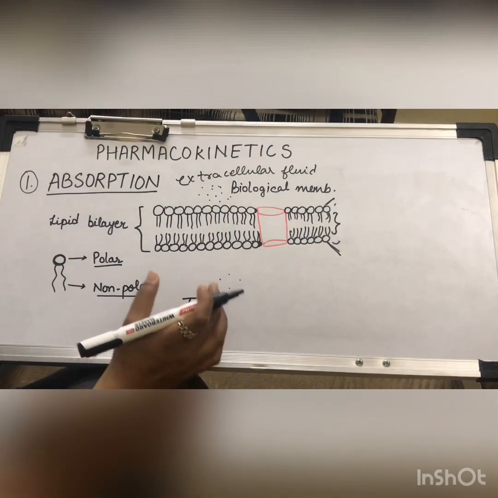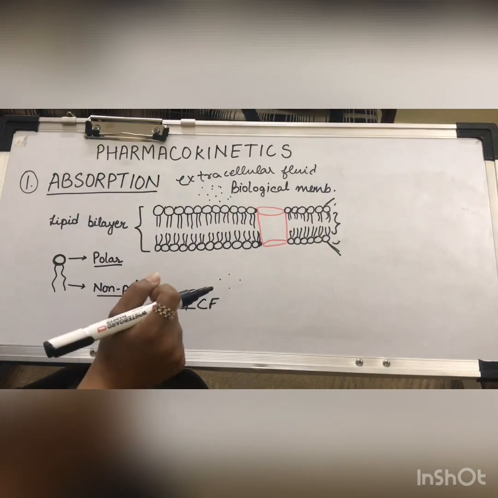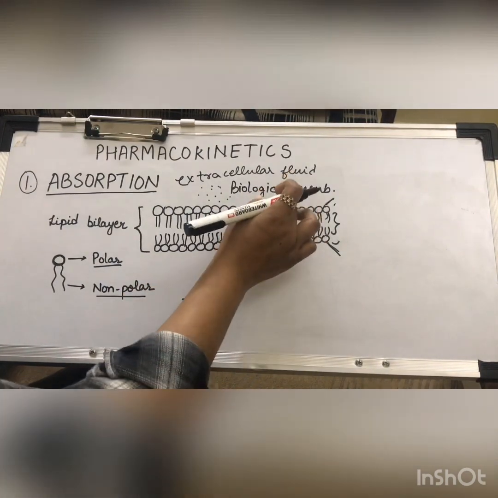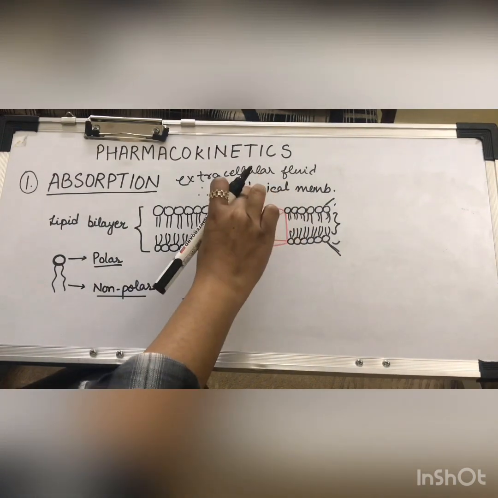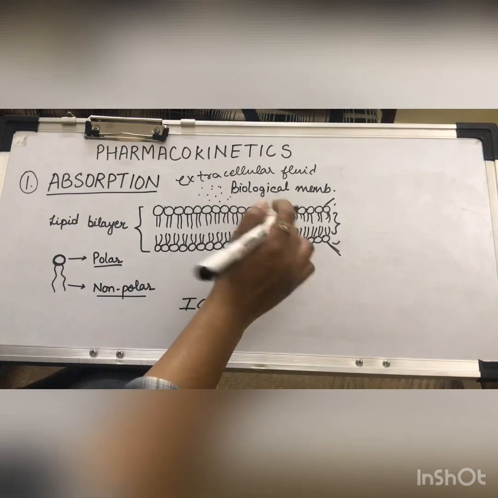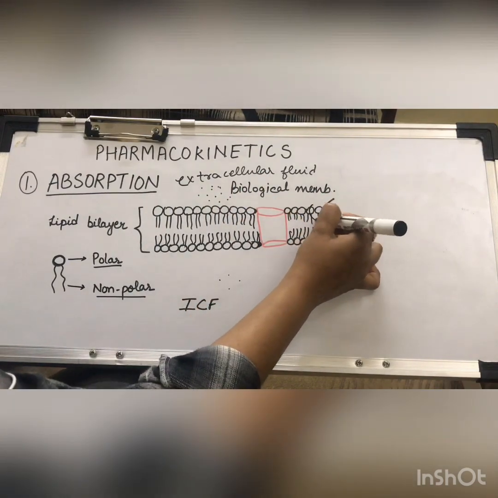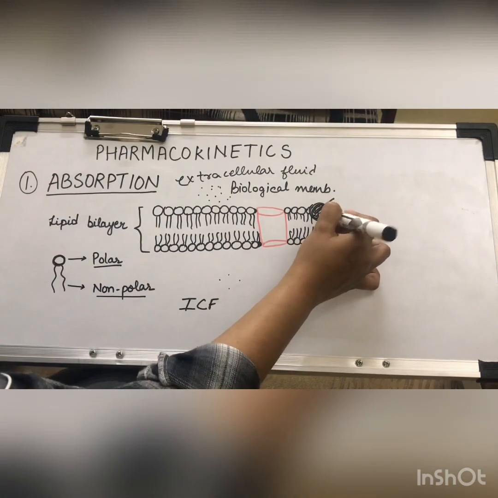Those are known as intrinsic or extrinsic proteins. Intrinsic, as the name suggests, lie within the cell membrane. They are embedded in the cell membrane, whereas extrinsic proteins are on the surface of the cell membrane.